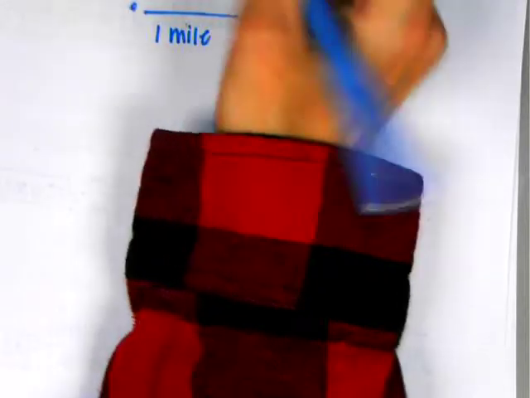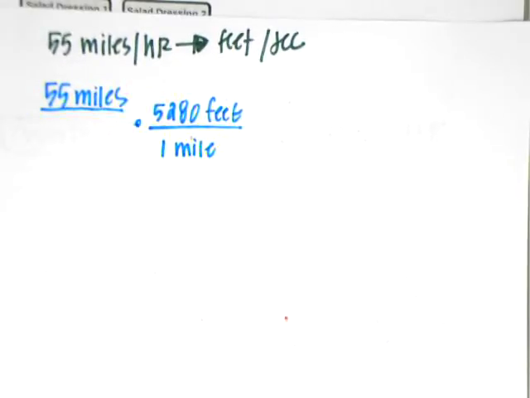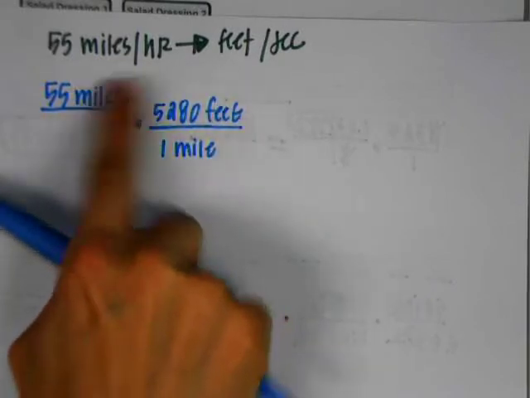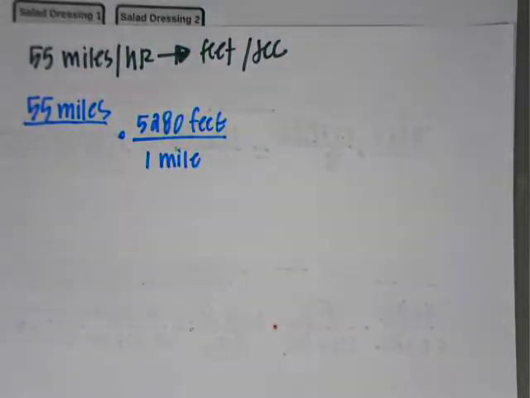So you should have the 1 mile on the bottom, 5,280 feet on top. Remember, the thing that you always want to keep repeating over and over again is the units have to be diagonal. As long as you check that the units are always on opposites, then you know you got it right. Like you shouldn't have 2 miles in the same row. All right, and then for the next part, hours.